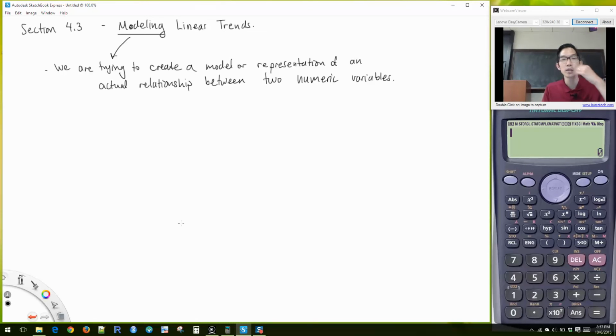For anything where we can create a scatter plot, we can also try to create a model to capture this relationship.